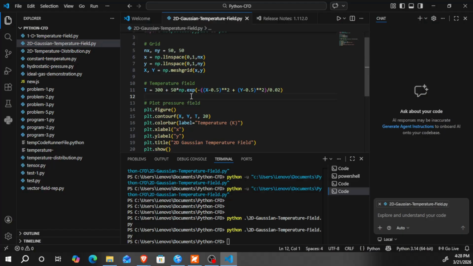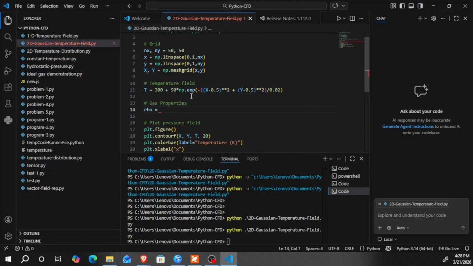Let us put in gas properties. This time we are assuming the density to be constant, but maybe in the next part I will try to introduce a program with variable density.